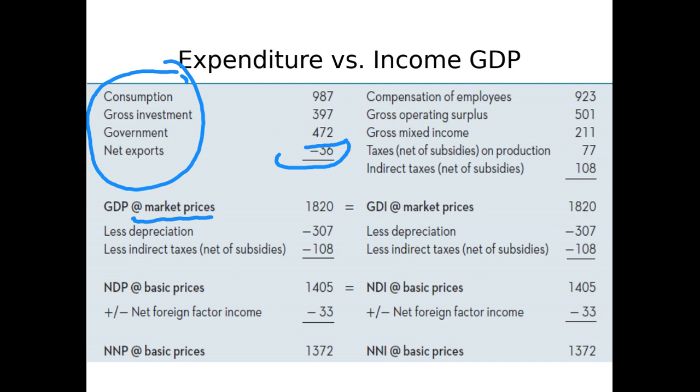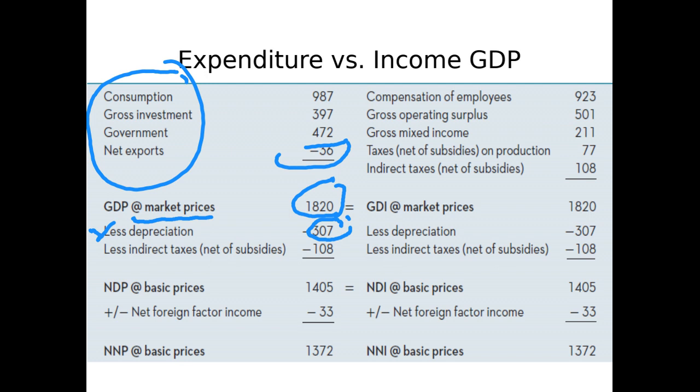So 1,820, suppose $1.8 trillion. Then we have other measures, what we call national income accounting. If I subtract depreciation, suppose depreciation is 307, why do I put a negative sign? Because I have to subtract this. That's why it says less.